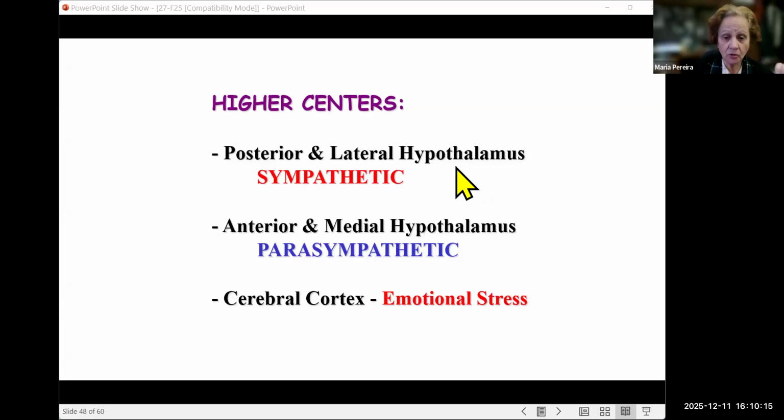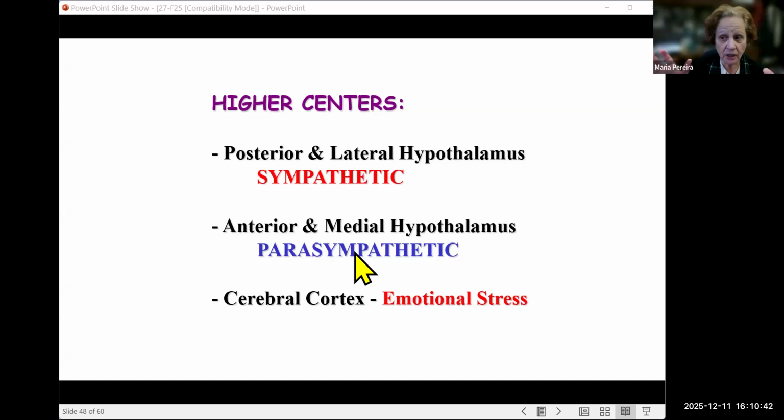The ones located at the posterior and lateral areas of the hypothalamus send inputs to the sympathetic nervous system. The ones located in the anterior and medial areas of the hypothalamus send inputs to the parasympathetic.